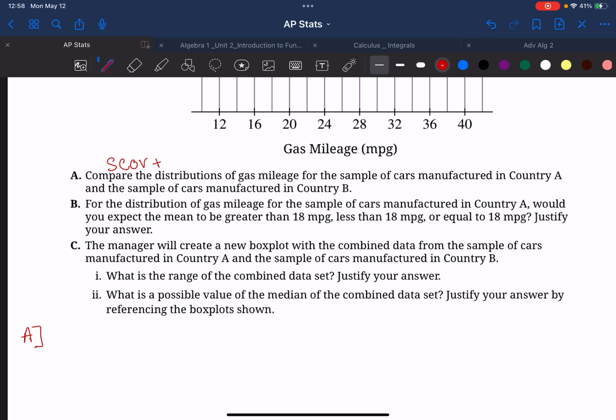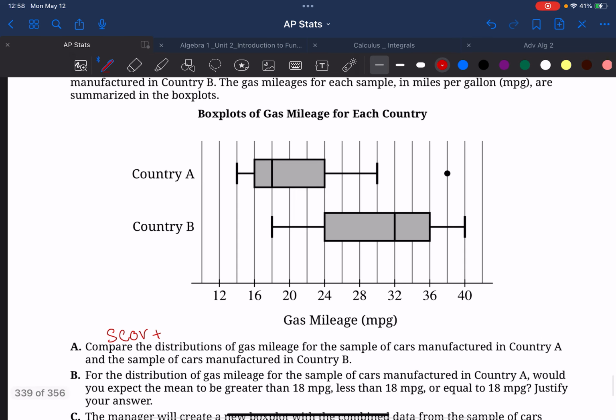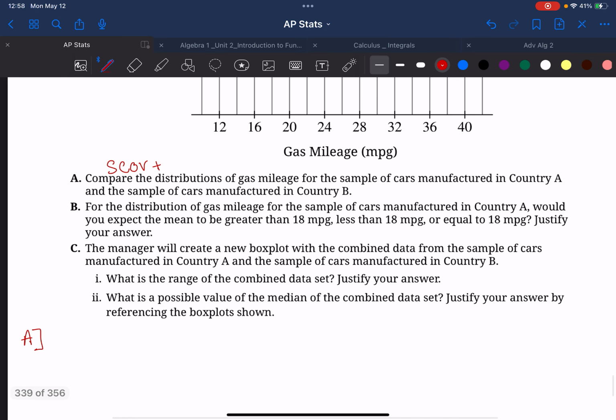If I'm looking at the shape of the box plot for country A, I notice that the data looks skewed compared to country B, which is a little bit more symmetric. So I would go ahead and write that out.